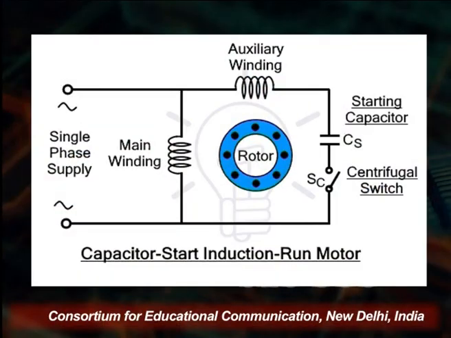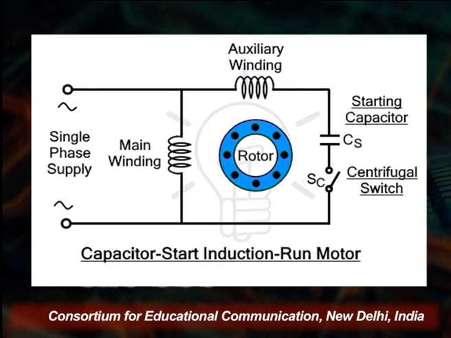You see here we have a centrifugal switch, and the starting capacitor on the right hand side. This is one type of capacitor start induction run motor, which works on a single phase supply, and the auxiliary winding and main winding are there.